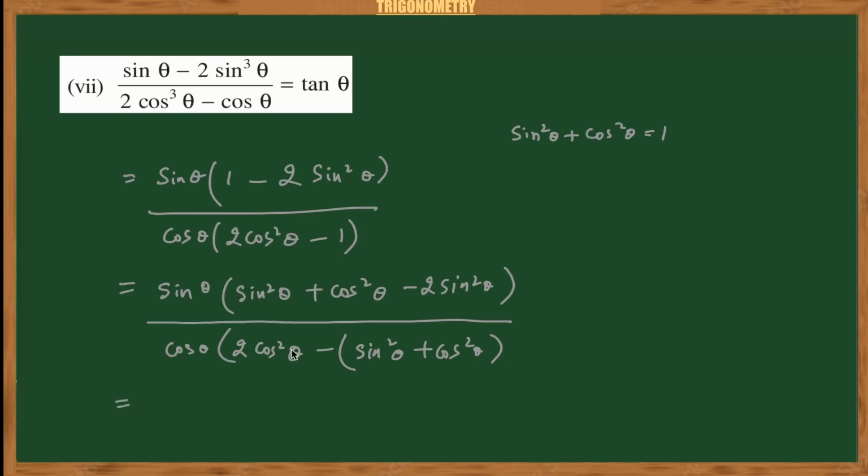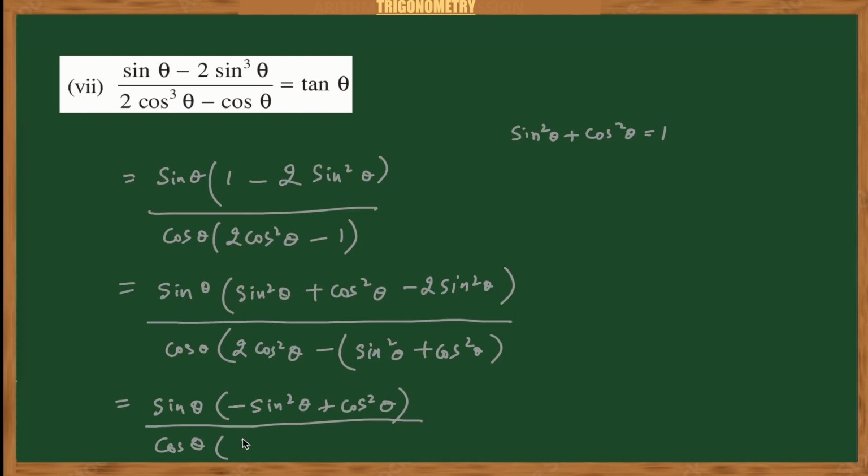Okay, let's further simplify. Sin theta is equal to, here we can see sin square theta minus 2 sin square theta, it becomes minus sin square theta plus cos square theta. Further cos theta is equal to, okay, 2, here we have cos, so minus into plus becomes minus, so it's a minus cos theta, so it can be subtracted.